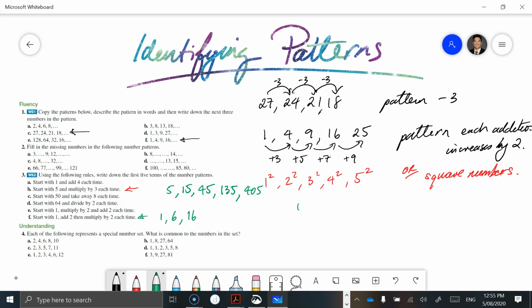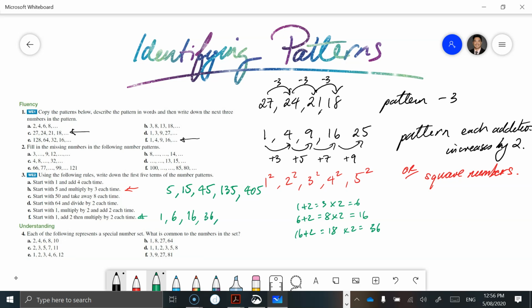So we'll do the same thing. 16 plus 2 is 18. Double that, we're going to get 36.